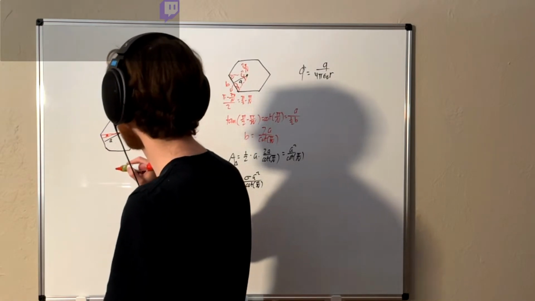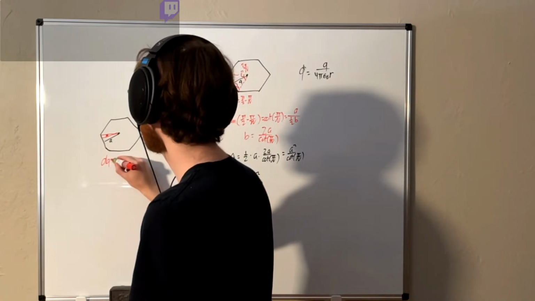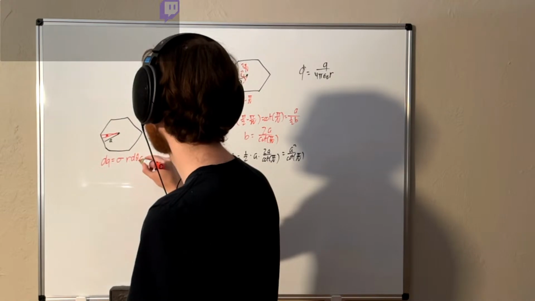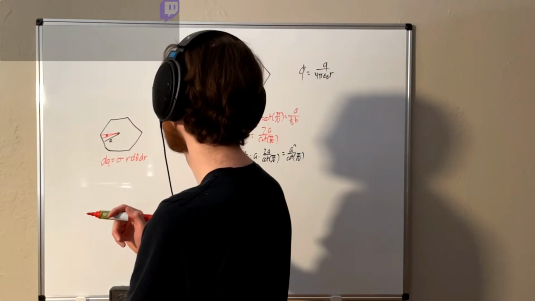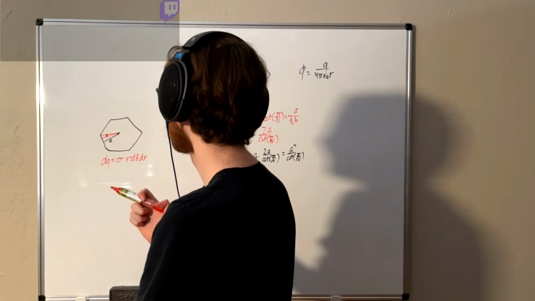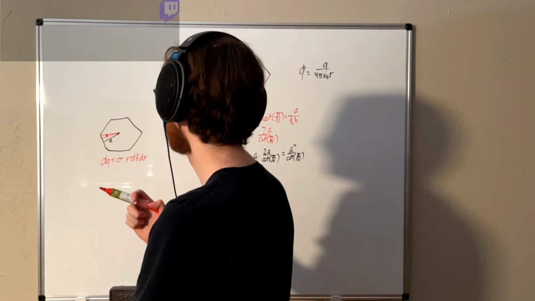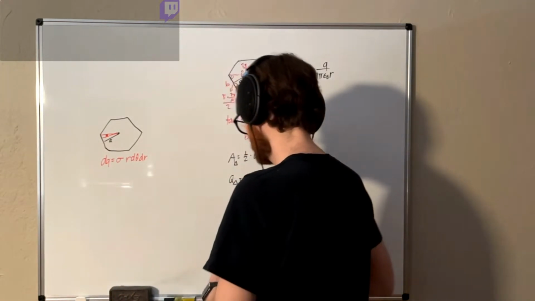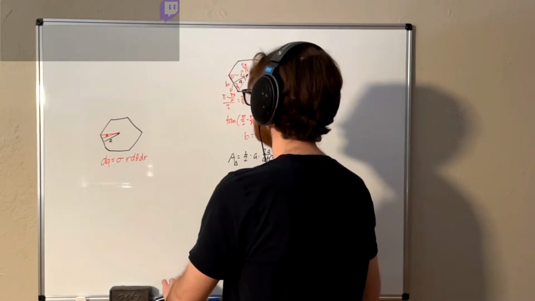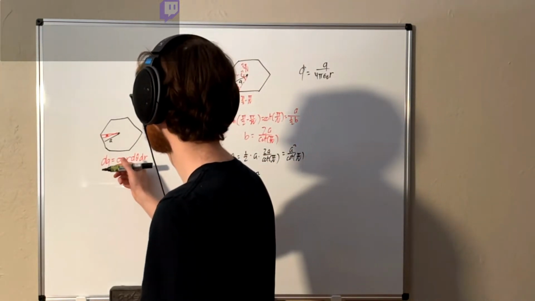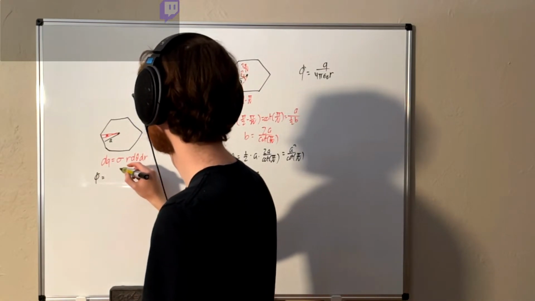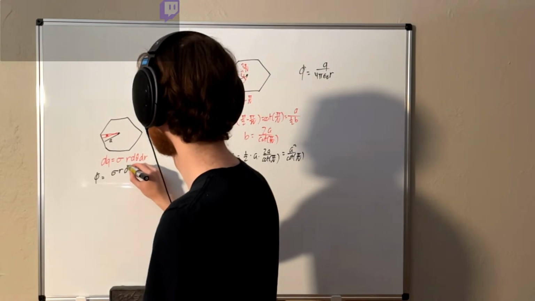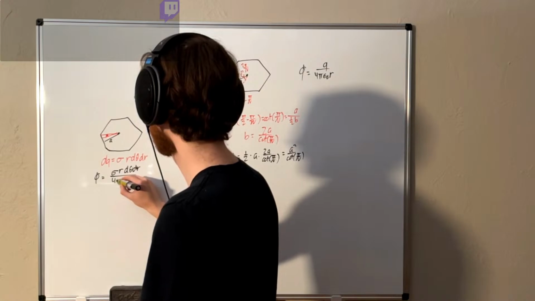Let's take that little patch of the wedge. dq is equal to sigma r d theta dr. Or pi epsilon naught r.